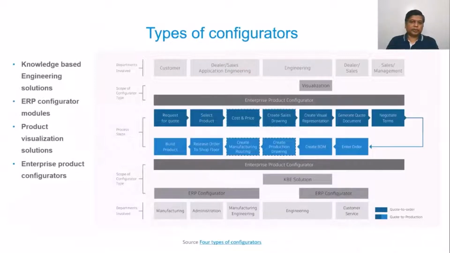It depends upon where you are using these configurators, and based on that, some names have been given to them, like knowledge-based engineering solutions, ERP configurators. But in general, I'll not go into much detail about this. There's a link below where you can go through the whole slide and the details of this. But in general, whenever you make a configurator, you would be solving some blocks of this diagram.